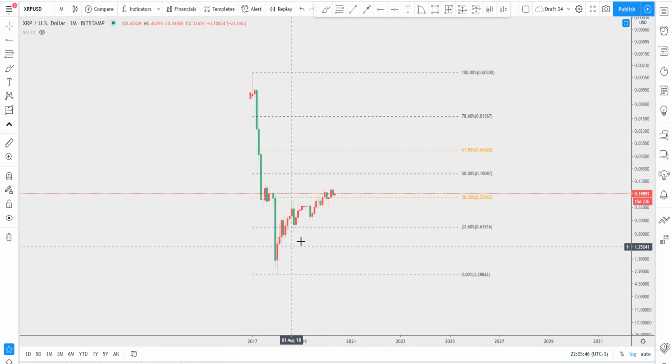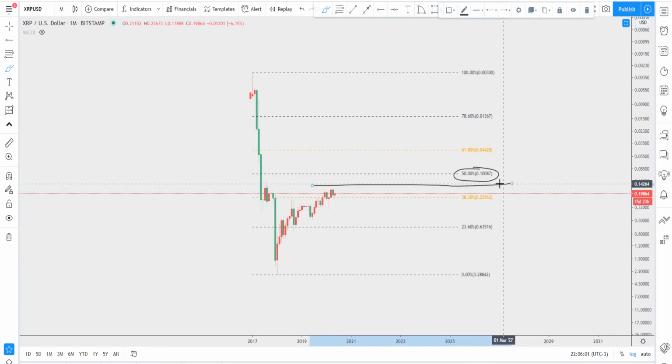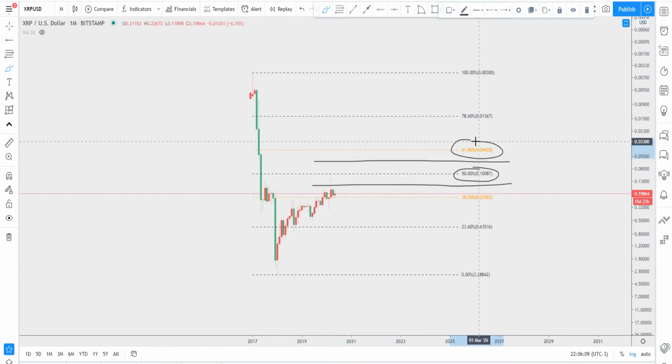Just for the sake of the bear example again, we still don't have the 10 cents range triggered or activated, but we had the 50 that was around 15 cents, and the 50 for this one is around 6 cents. So before talking about 4, we have to look at 15 again, 10, and 6.